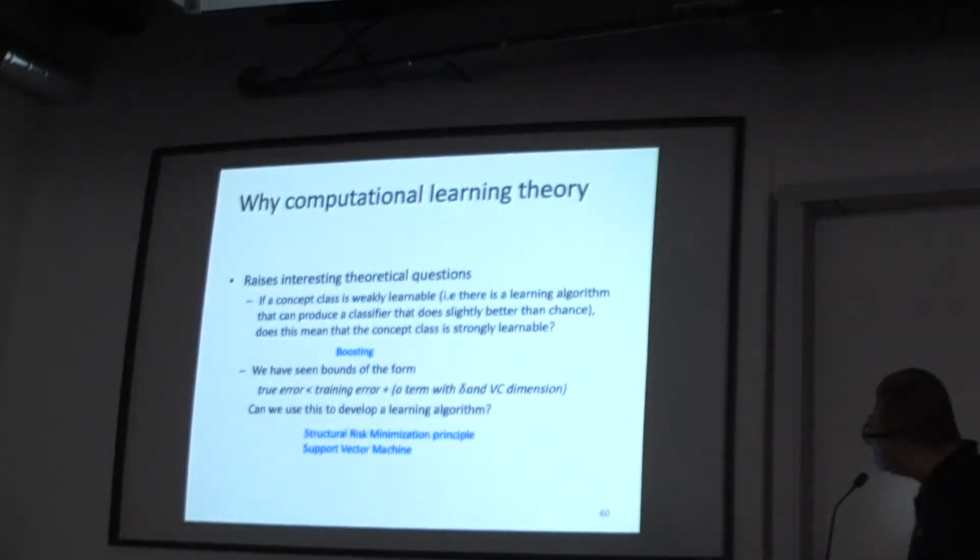And I'm also showing that in general, the true error of the learned hypothesis can be bounded by the training error plus a term determined by the VC dimension, the number of training examples, and the confidence level. We'll see in a minute how this generalization error bound motivates the structural risk minimization principle, with the instance of Support Vector Machines.